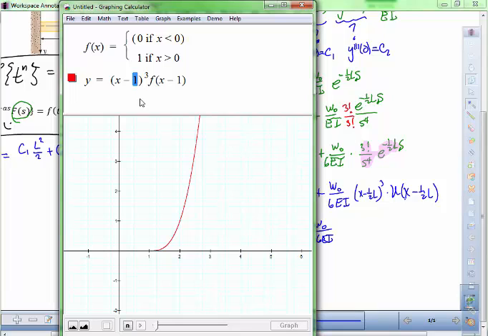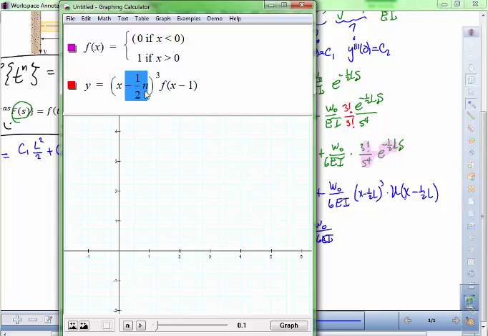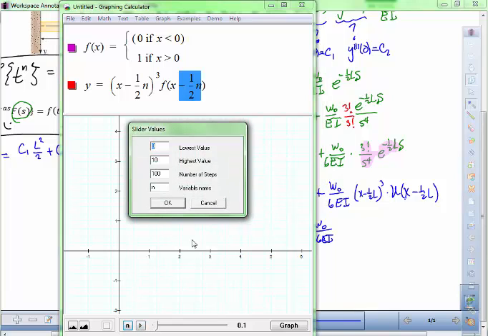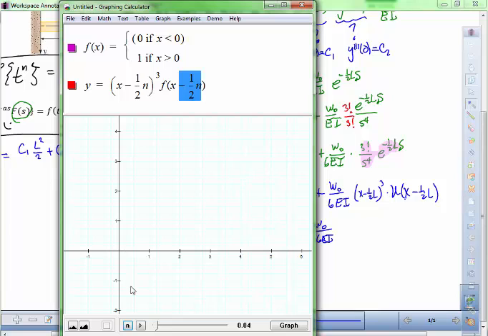So let's see. L is 2. So 1/2, and let's use this. So this is L is equal to 2.